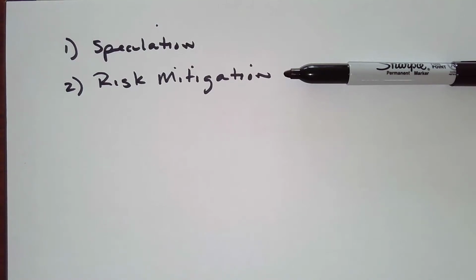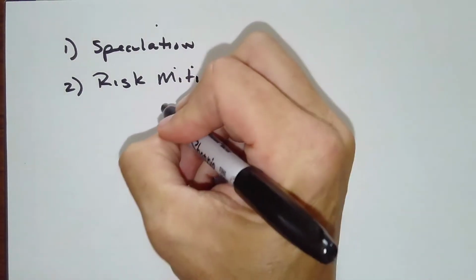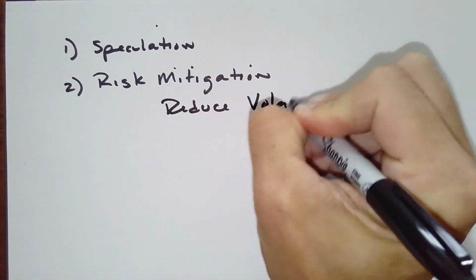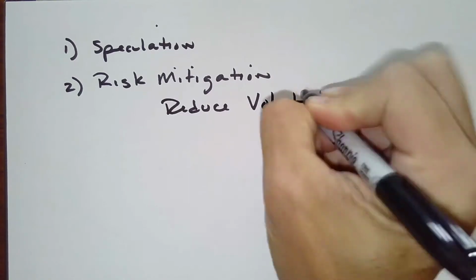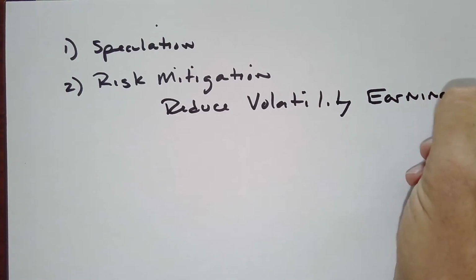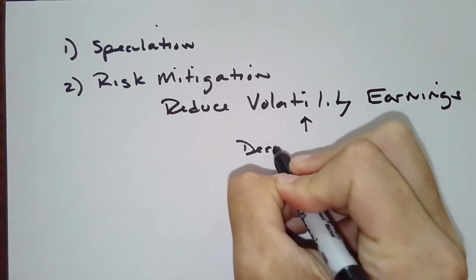And what they have in these balance sheet items or these anticipated transactions is they may have some risk that they are trying to eliminate. And they are engaged in risk management to try to reduce the volatility of earnings. And that's why they engage in derivative contracts.